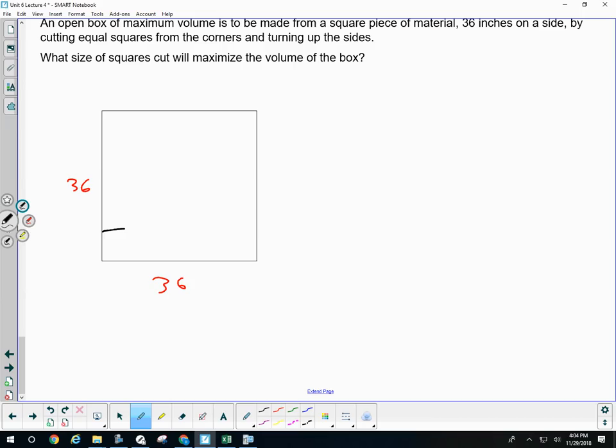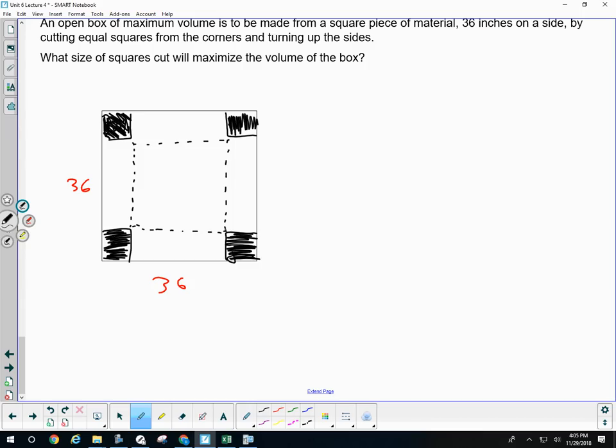So I'm going to cut out a square here and cut out a square here. And then I'm going to crease right here and flip it up. And that's the side of a box. So again, open on the top. I'm going to cut out a box here, flip this up, flip this up, cut out a box here. Okay. And we can see the base of my box is right here.